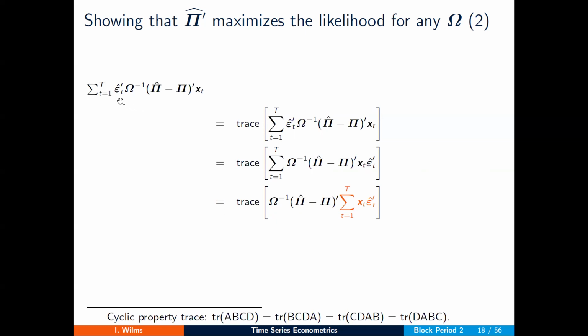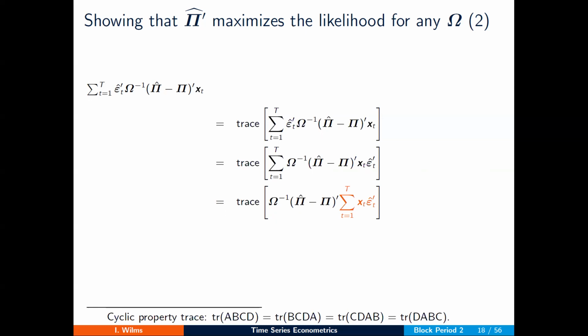The residual vector is of dimension n times 1, so its transpose is a 1 by n vector. Omega is n times n. The vector x has only one column.